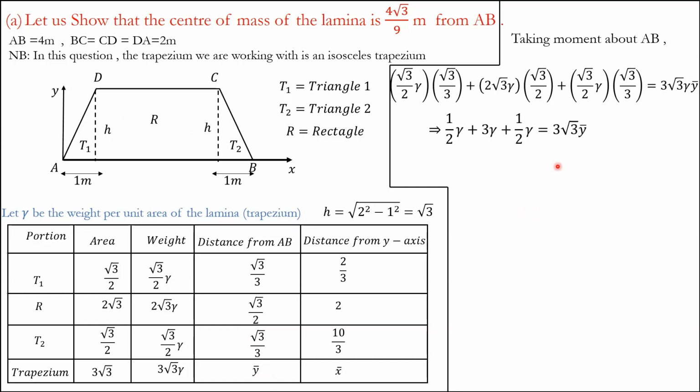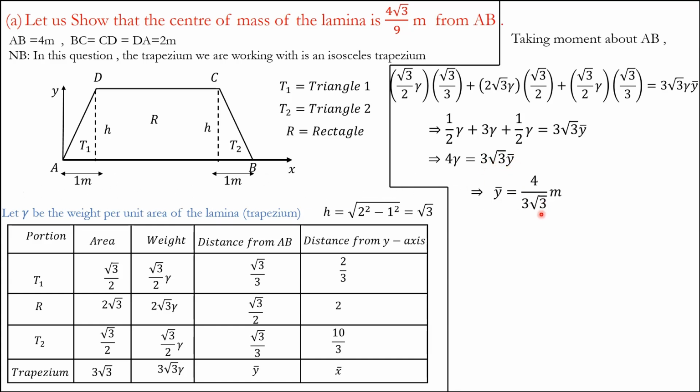For which, further simplifying, we are going to have a half of lambda, plus 3 lambda, plus a half lambda, equal to 3 square root of 3 lambda. Further simplifying, we obtain 4 lambda. Why? Because a half lambda plus a half lambda gives us 1 lambda. The lambda plus 3 lambda gives us 4 lambda, equal to 3 square root of 3 y bar.